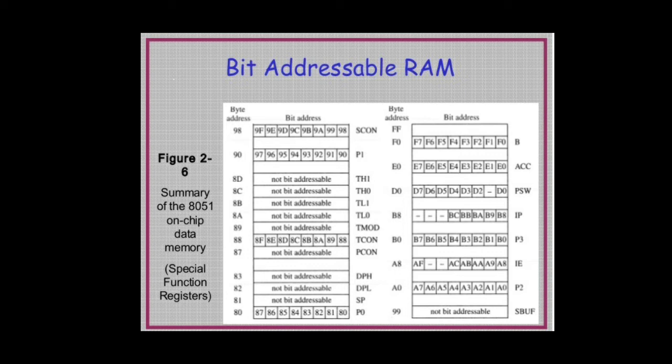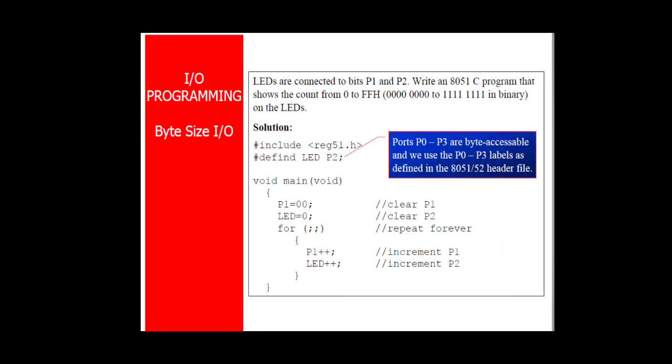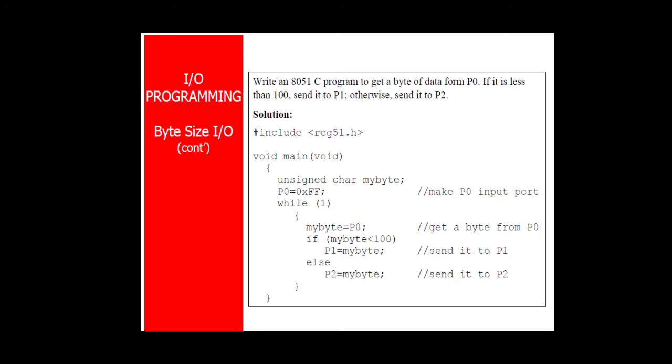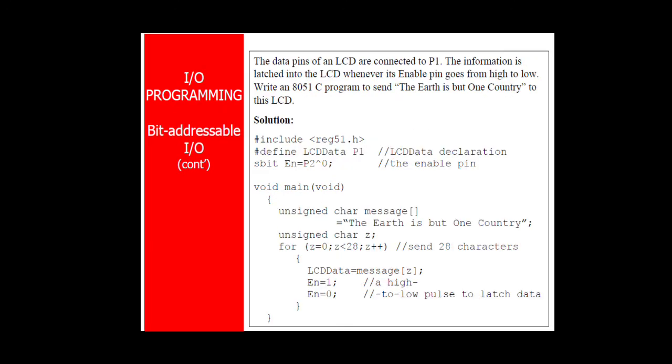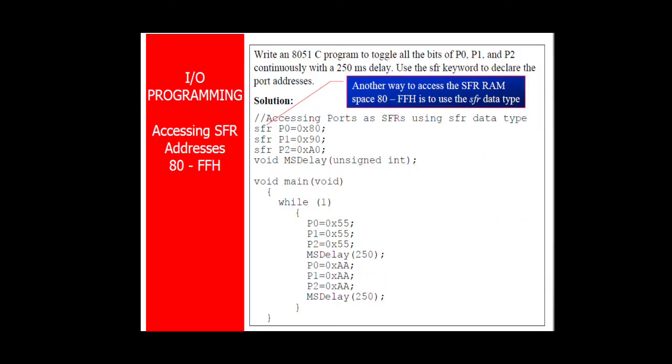For P0 the address is 80H, for P1 it is 90H, for P2 it is A0H. So these addresses are taken.